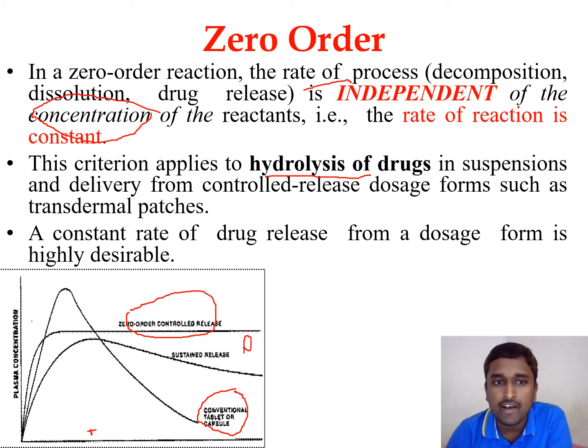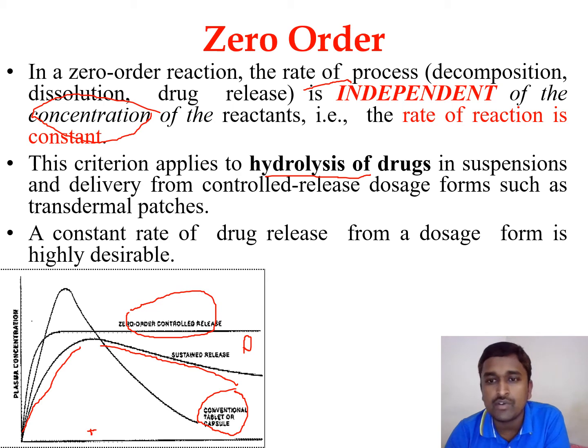If you see the plasma concentration curve here, for an immediate release tablet it was initially high, then it was reduced, because when the concentration of paracetamol is high in the stomach, the absorption slowly increased. When the concentration in the stomach is retarded, the concentration is reduced in the plasma also.